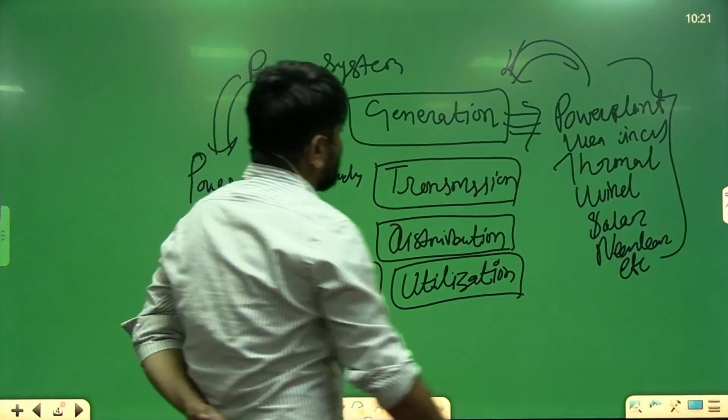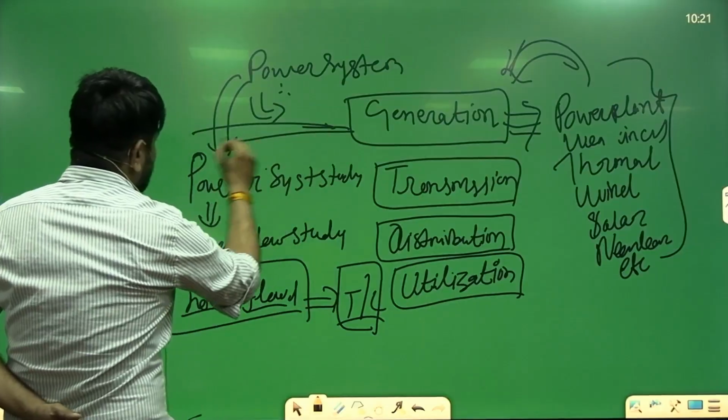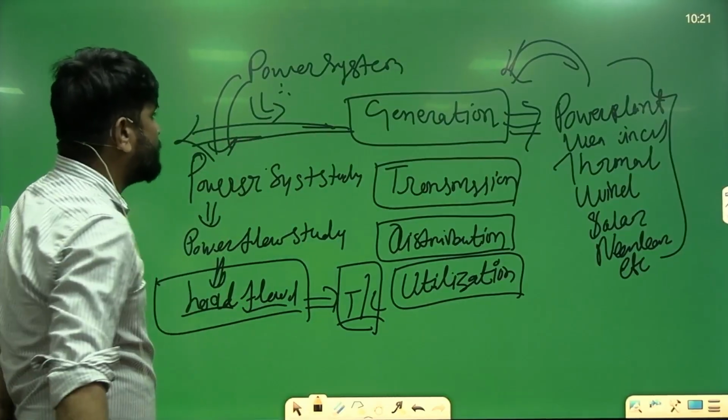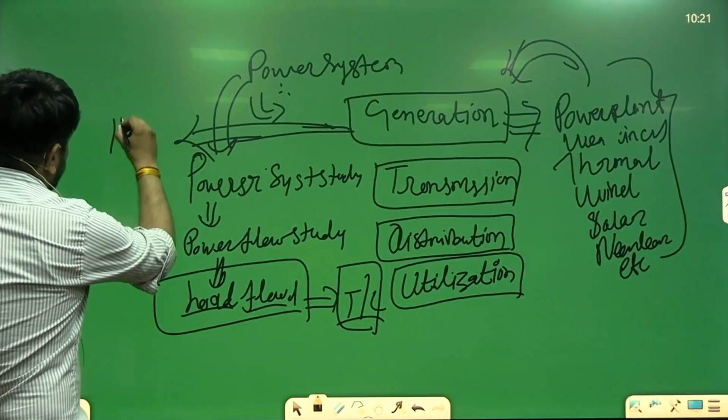Then the generation of power, electricity, is always at 11 kV.